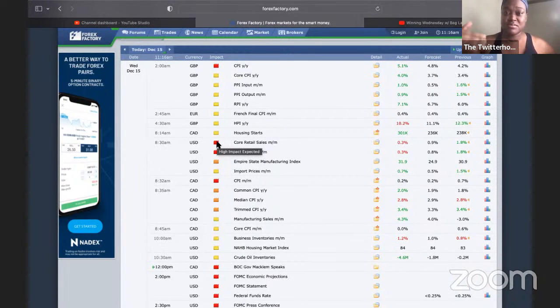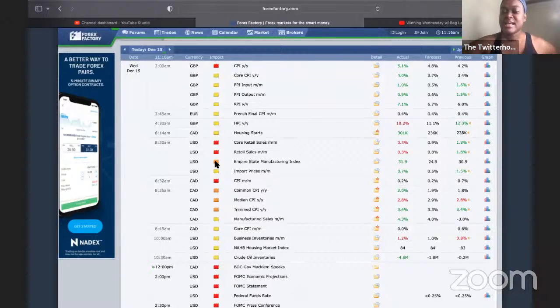You're expecting something great to happen. So when you see a red folder, best is to stay away from it. I know there are some people who trade the news. We do not trade the news. We stay away from the news because the impact could be in our favor or it could be way opposite of that, and we don't know. So I don't trade red folders.